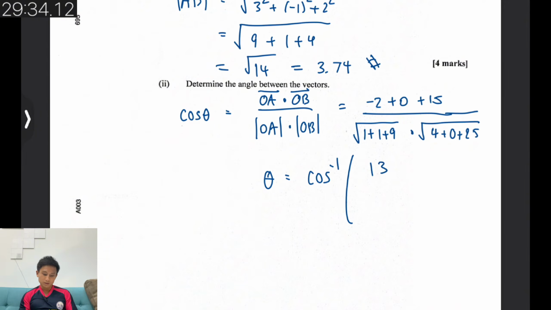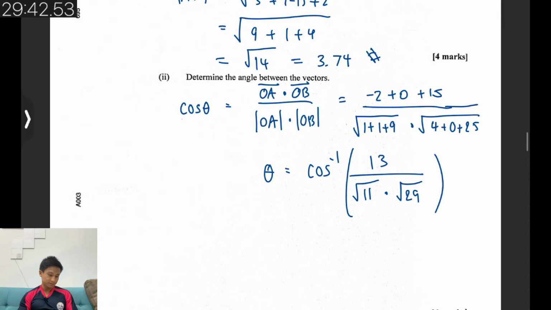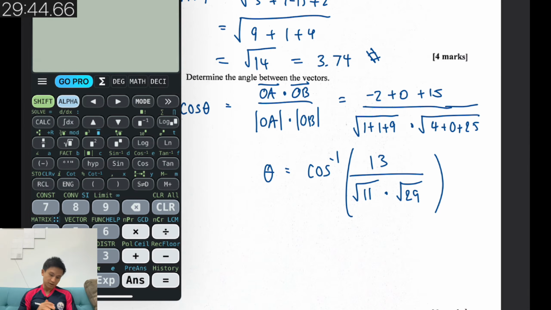The top one is 13, the bottom one would be square root 11 times square root 29. Let's use a calculator there, and 3 significant figures, of course. Arc cos, the angle in, I'm just going to assume degrees, right? So 13 divided by root 11 times root 29.